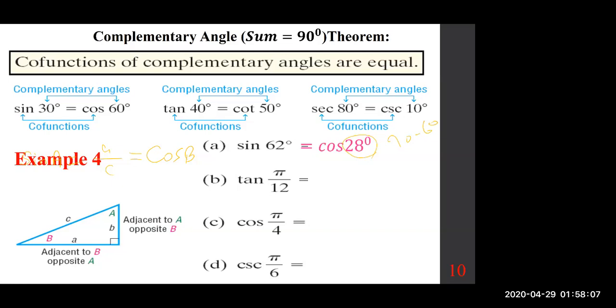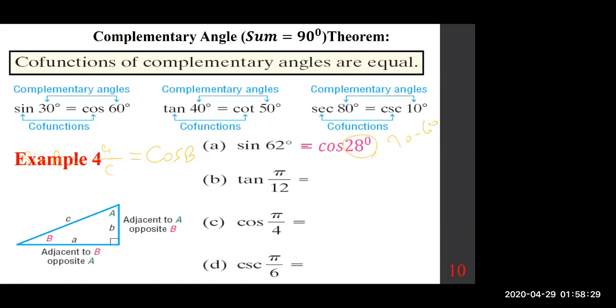Now the next one says, what about tan of pi over 12? That is equal to cotangent of something. How do you find that? Pi over 2 minus pi over 12.